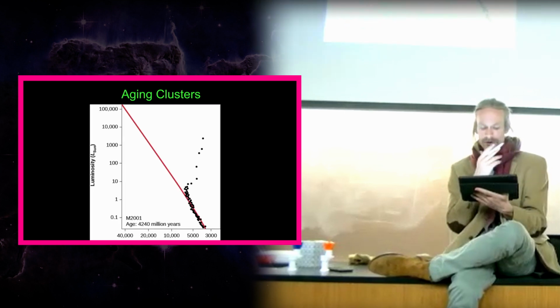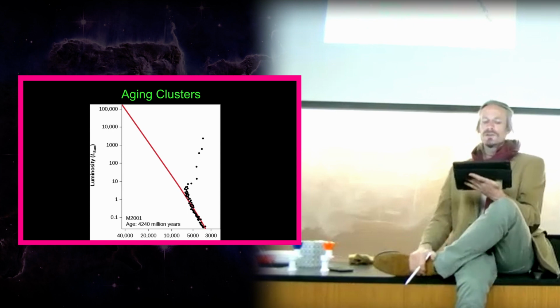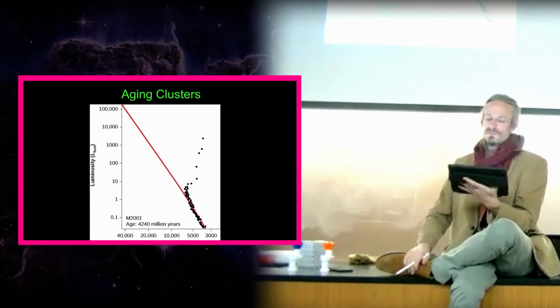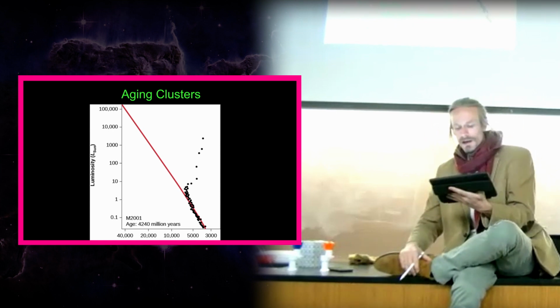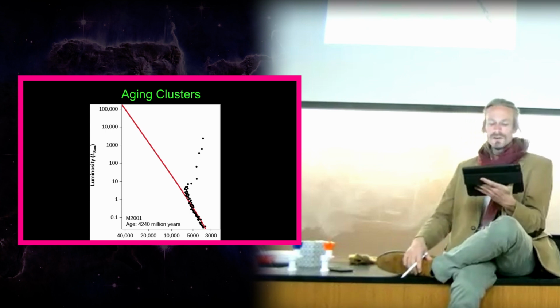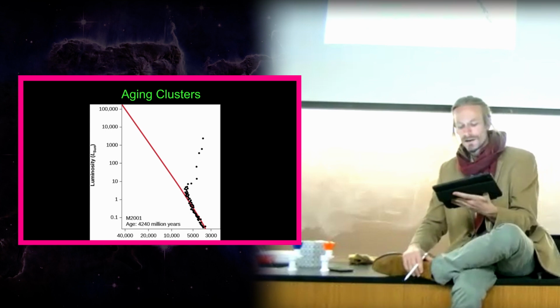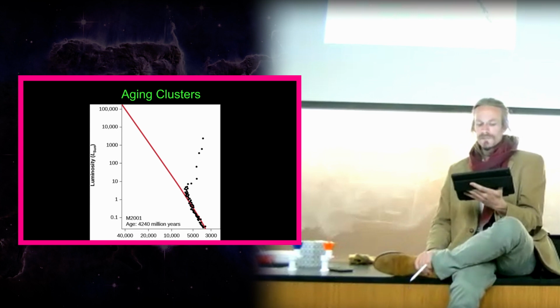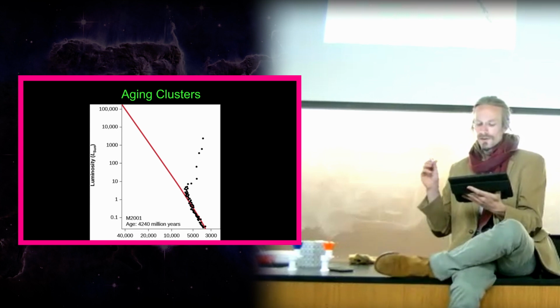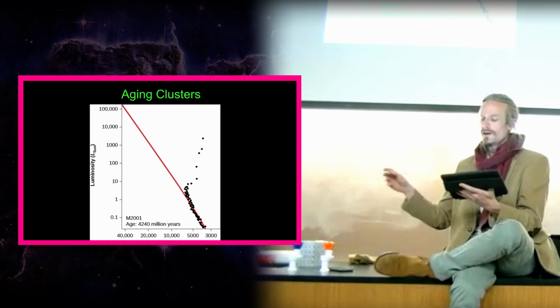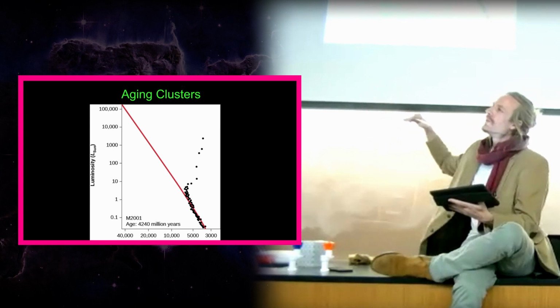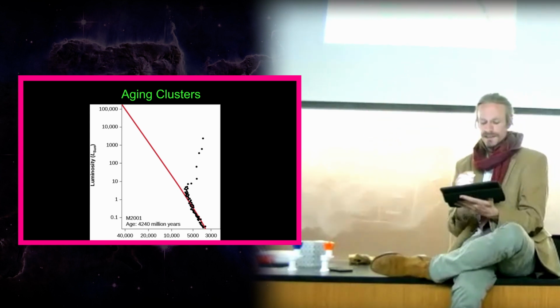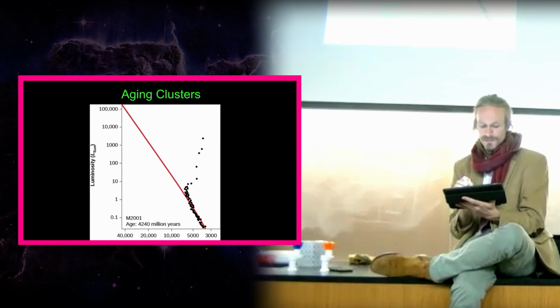Here's another version. As opposed to a couple hundred million years, this is after 4 billion years, okay? And you can see here, this is an older cluster, right? The lower points on the main sequence are where the stars are beginning to peel off. Let me see if I can go back and show you that. I don't have a great way of going back. Oh, I do.